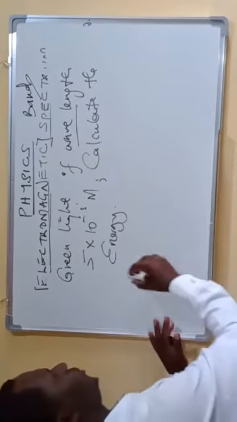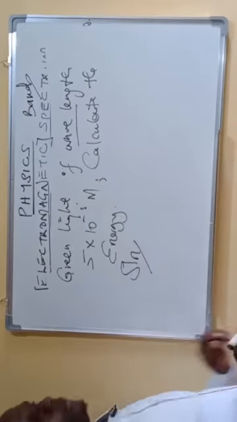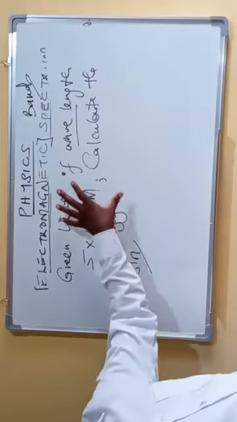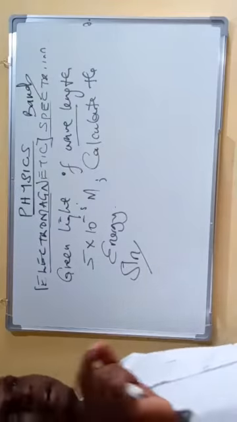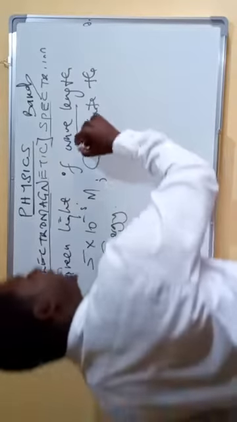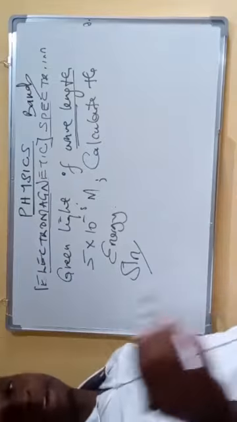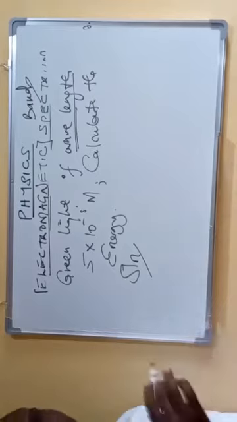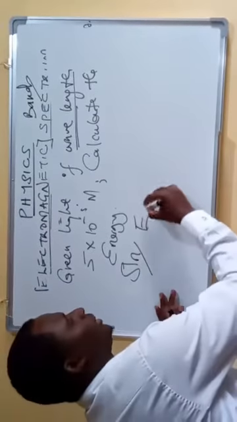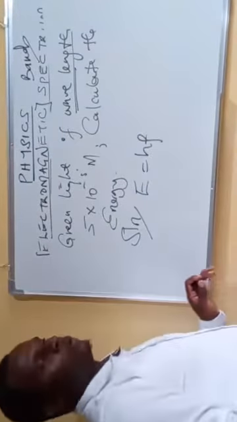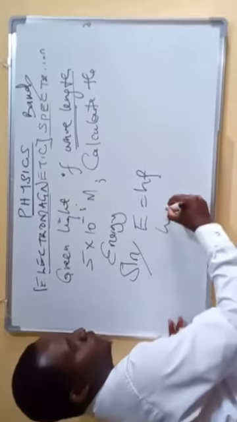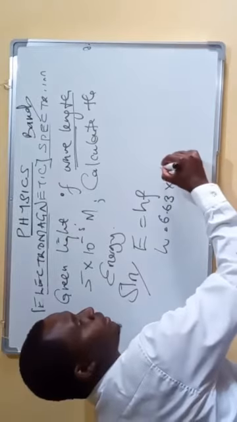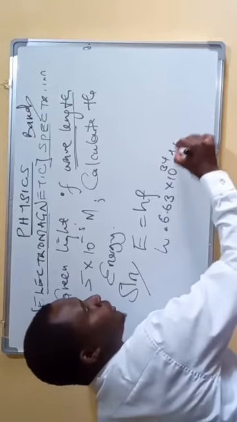So our solution: if you look at this equation, the only value we're given is the wavelength. We have seen from our equation for the energy in a wave, E is equal to hf. We know h is 6.63 times 10 to the power negative 34 joule seconds.